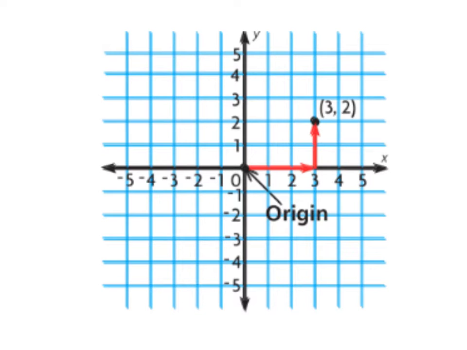A couple of things you need to know. At the center is your origin. This is 0, 0. When I say 0, 0, I'm talking about the ordered pair like this one here. This is what I call the address or the location of the point. So for example, this point is at 3, 2. When I find a point, I need to know what my x and y axis are.